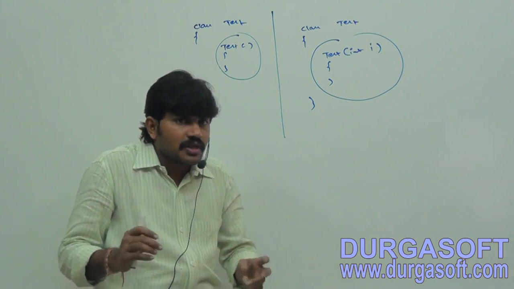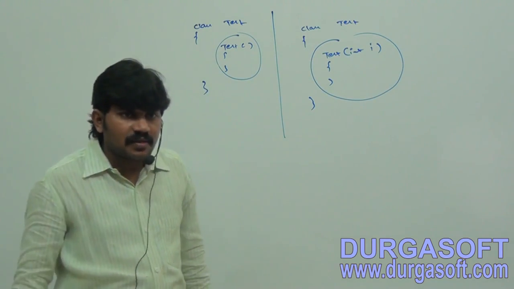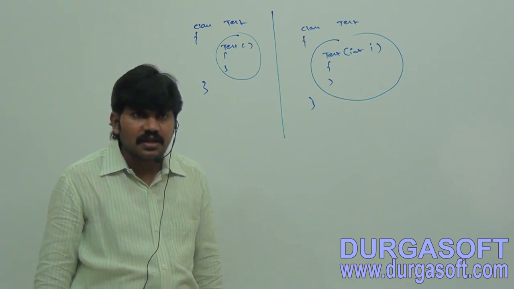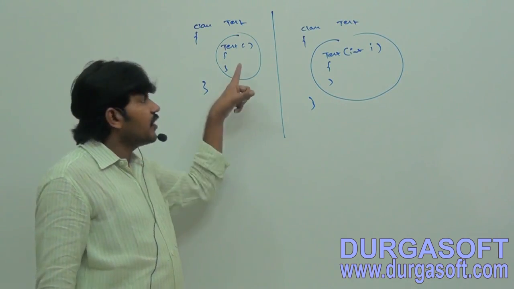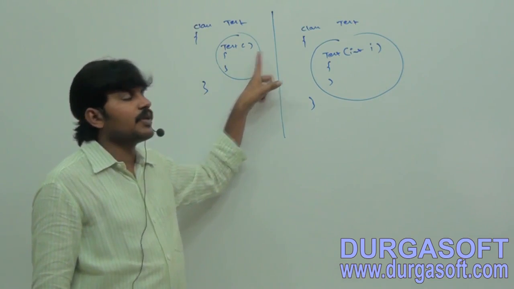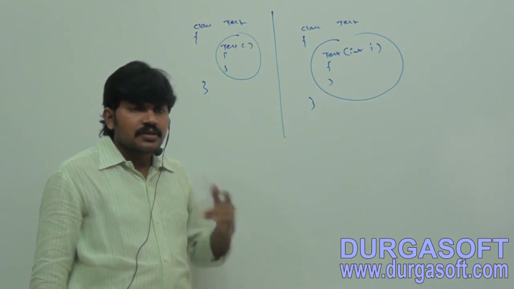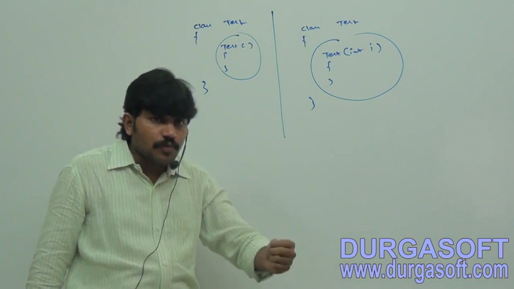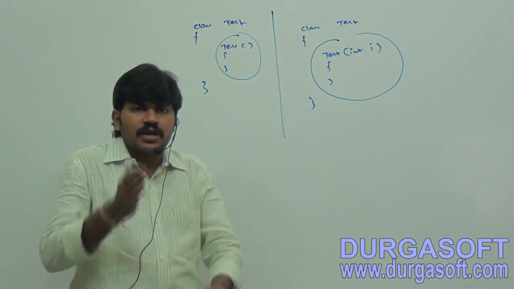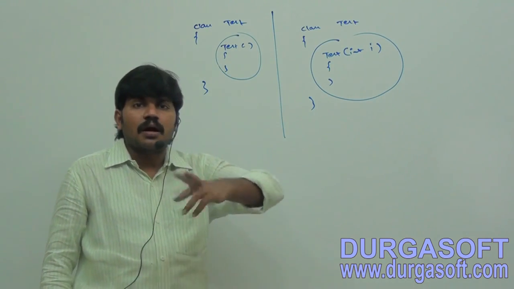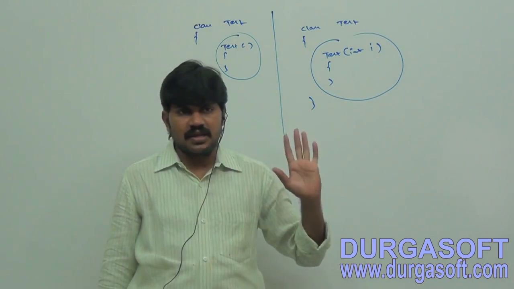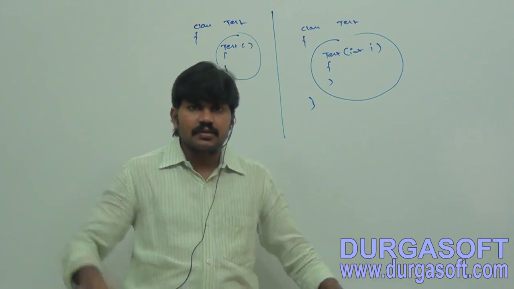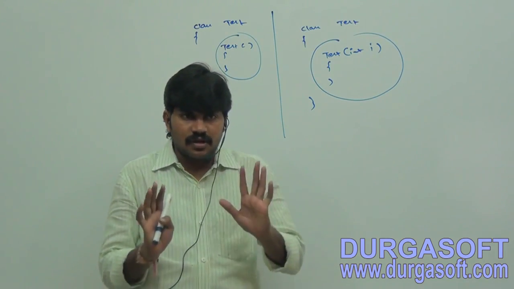Is there any chance for both constructors to exist simultaneously? Never. If I am writing, the compiler won't generate; if I am not writing, then only the compiler will generate. Are you getting the conclusions right?